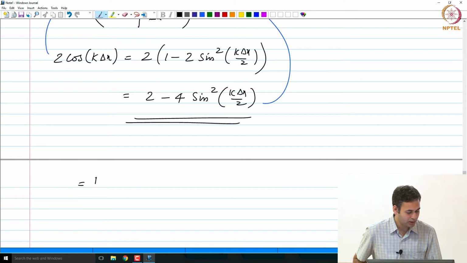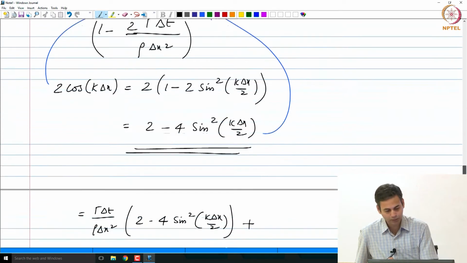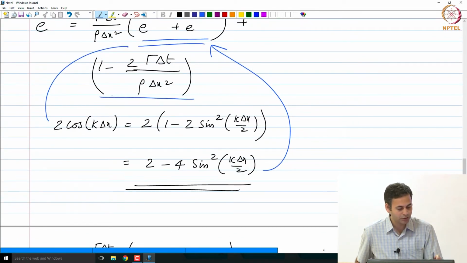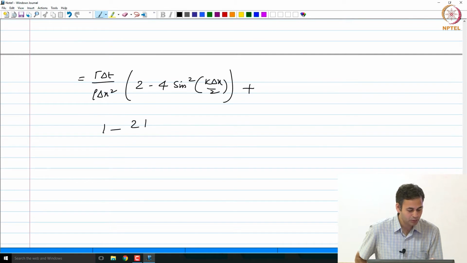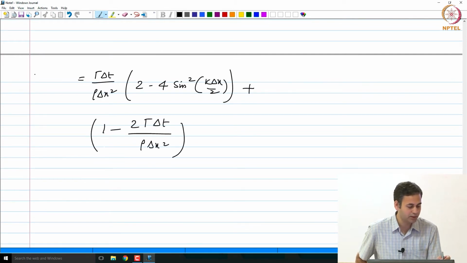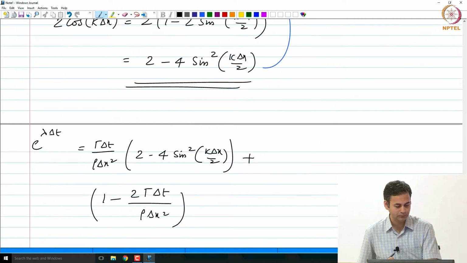So, equals gamma delta t by rho delta x square times (2 minus 4 sine square k delta x by 2) plus we have this guy, that is 1 minus 2 gamma delta t by rho delta x square. All these things are equal to e to the power lambda delta t, right, fine.